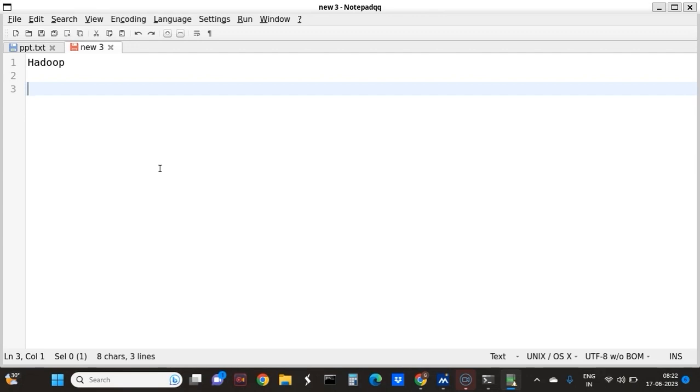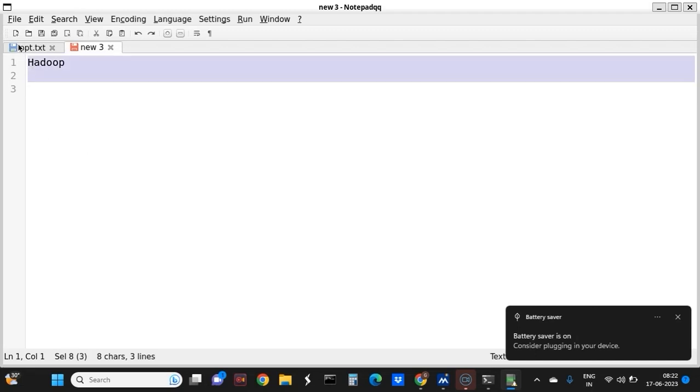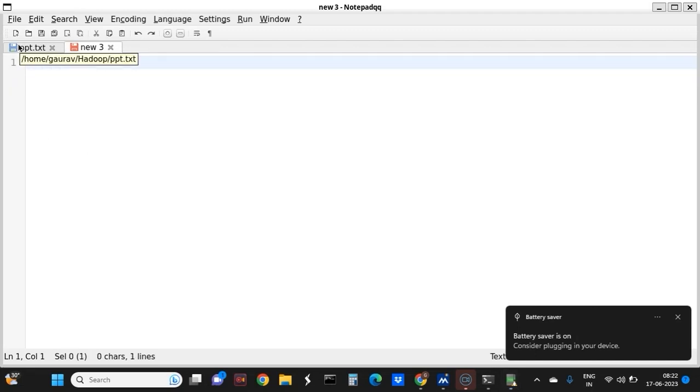Suppose I have 4,000 lines of data, so 4,000 blocks of data have to be processed. So what it does is parallelism.